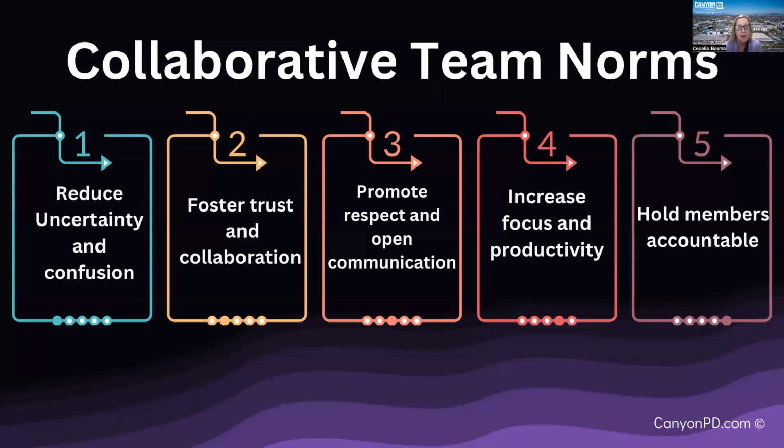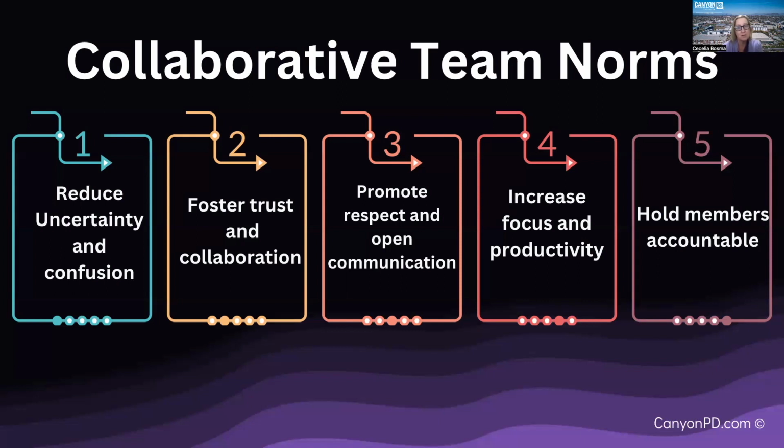So thinking about team norms, here are 5 areas that you'll want to consider. You can use the team norms to reduce uncertainty and confusion. So when creating them, think about what makes you uncertain or confused when working with teams, and then create norms to clarify that. Foster trust and collaboration.